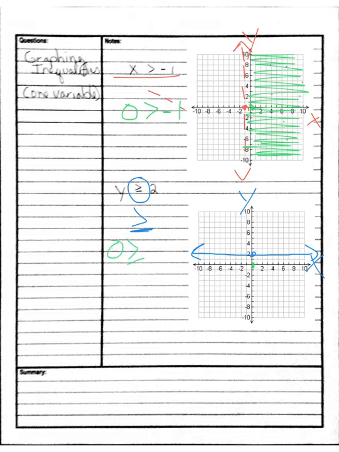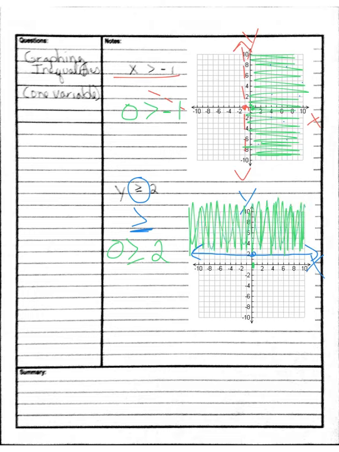If I put 0 in, is 0 greater than or equal to 2? No, that is a false statement. So that point does not work. So we need to shade everything on the other side of the line, meaning all of these points will make the inequality true, because this was a false statement, which means that dot does not work. So that's it. We're just graphing linear inequalities, one variable, two variables.